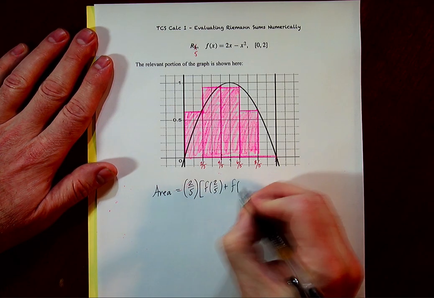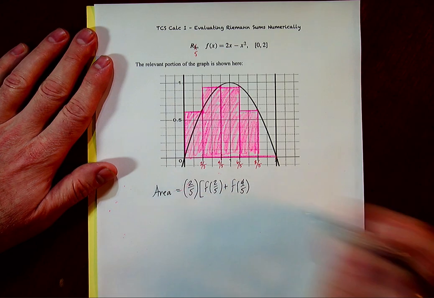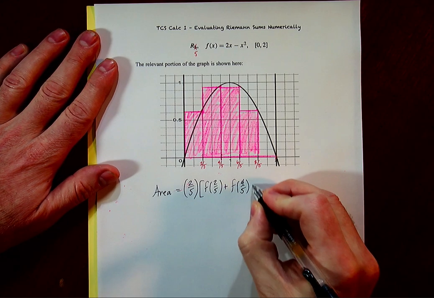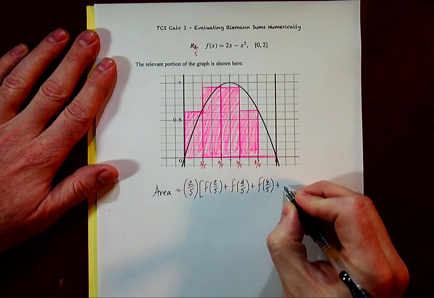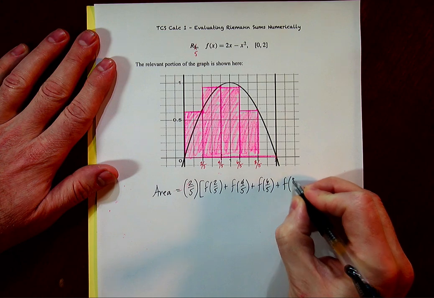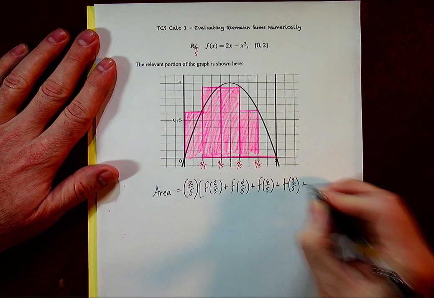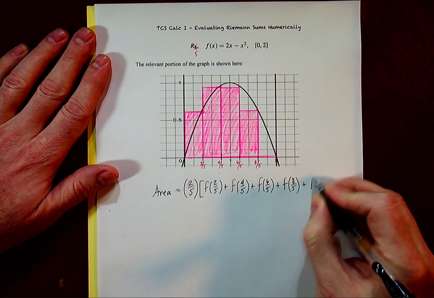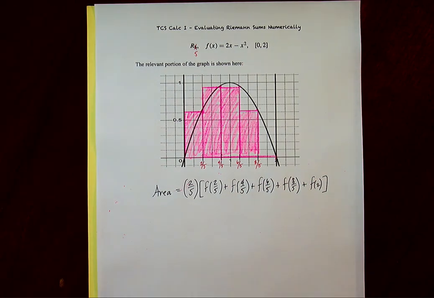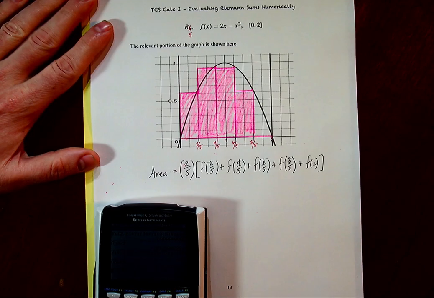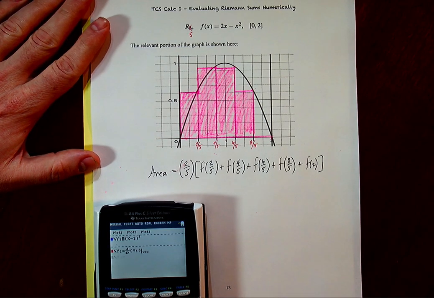The second subinterval, the height of it, is going to be determined by the function value at 4/5. The third subinterval determined by the function value at 6/5. The fourth subinterval, in like fashion, determined by the function value at 8/5, and the last one, the function value at 2.